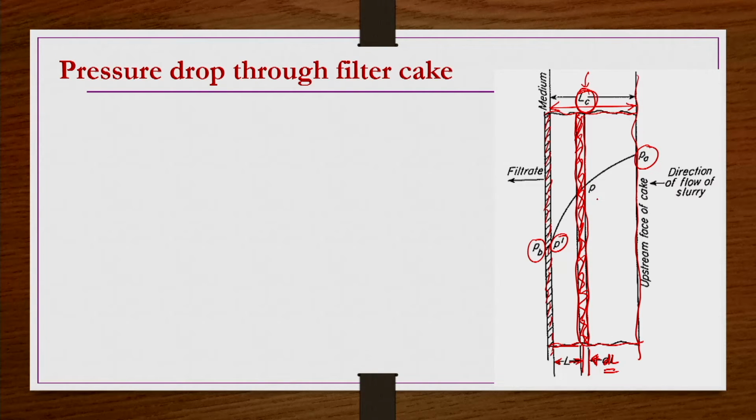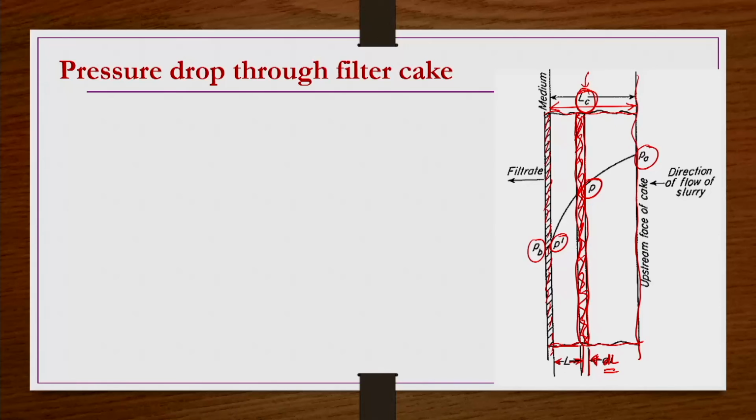The corresponding pressure for this layer of cake that we have taken is P. From the overall cake thickness Lc we take a slice of cake at distance L from the filter medium surface, and the thickness of this slice is dl.